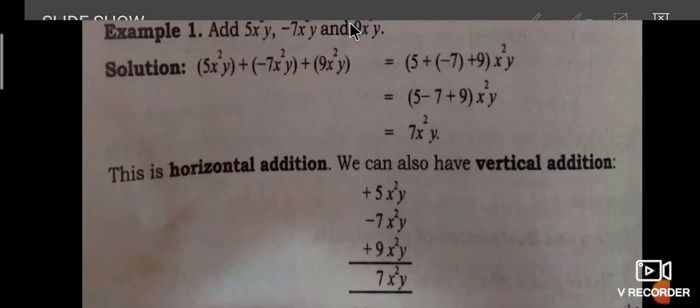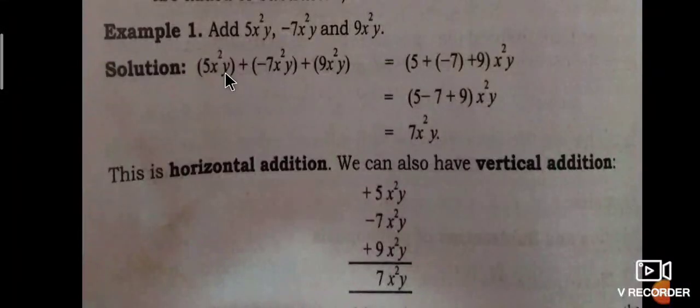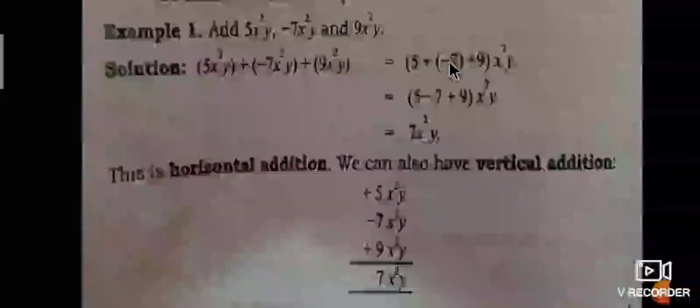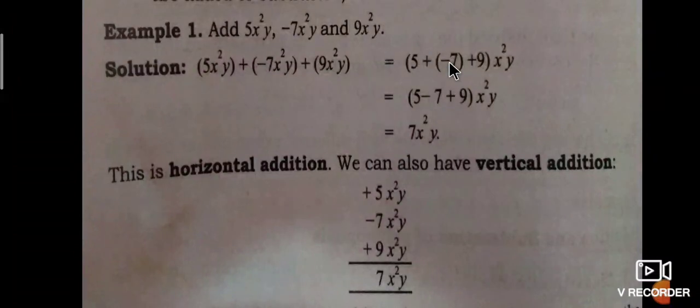Therefore, 5x square y plus minus 7x square y plus 9x square y, that is equal to, only the numerical coefficients, 5 plus minus 7 plus 9. x square y is common, therefore remaining is 5 minus 7 is minus 2, plus 9 is plus 7x square y.